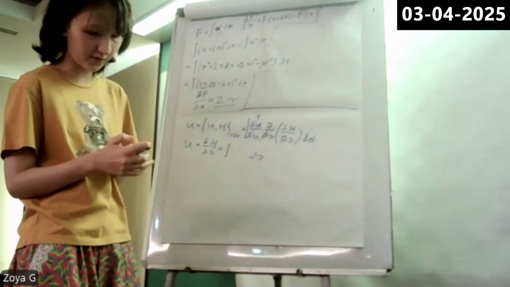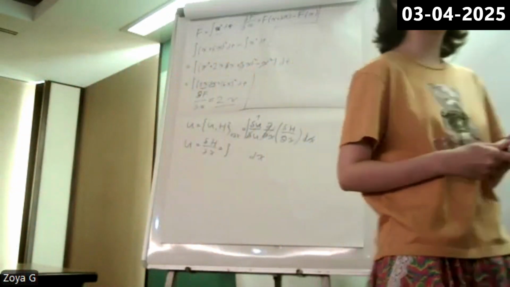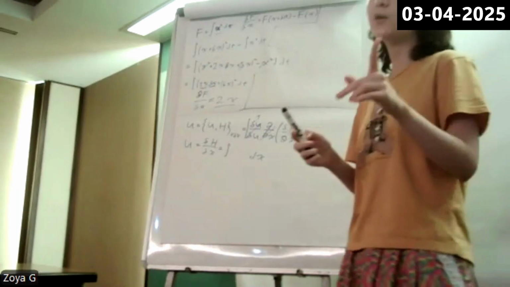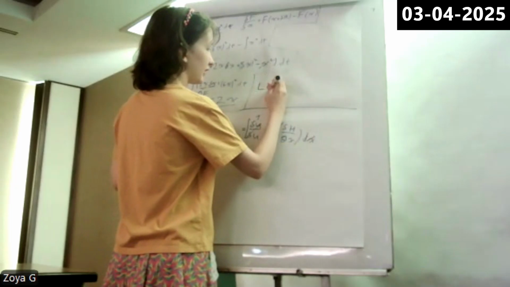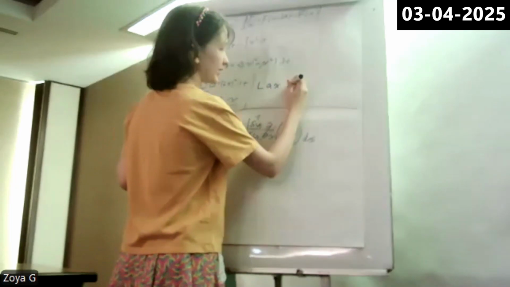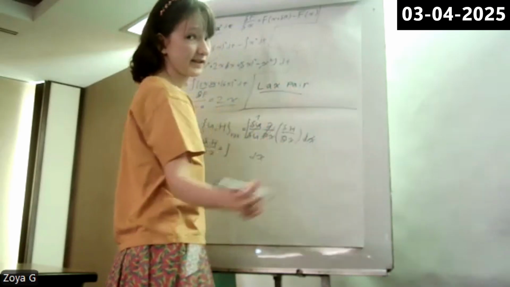in formulating it into Hamiltonian mechanics, is that involution is preserved, or not necessarily only that involution is preserved, but also that something called a Lax pair exists.